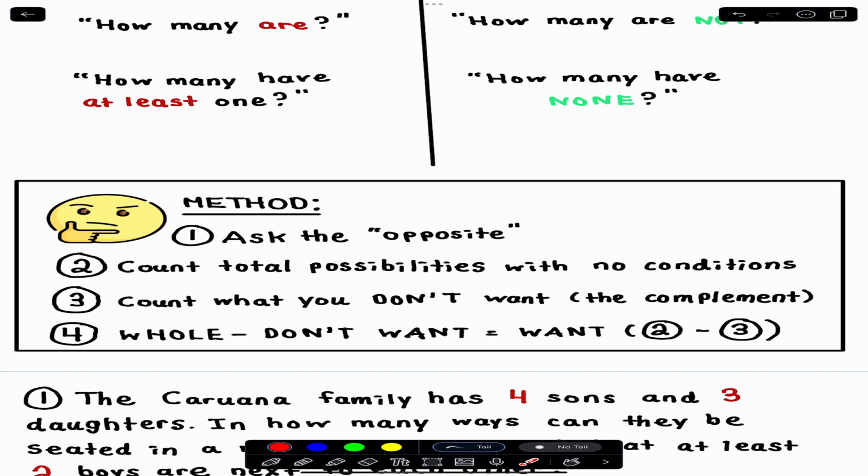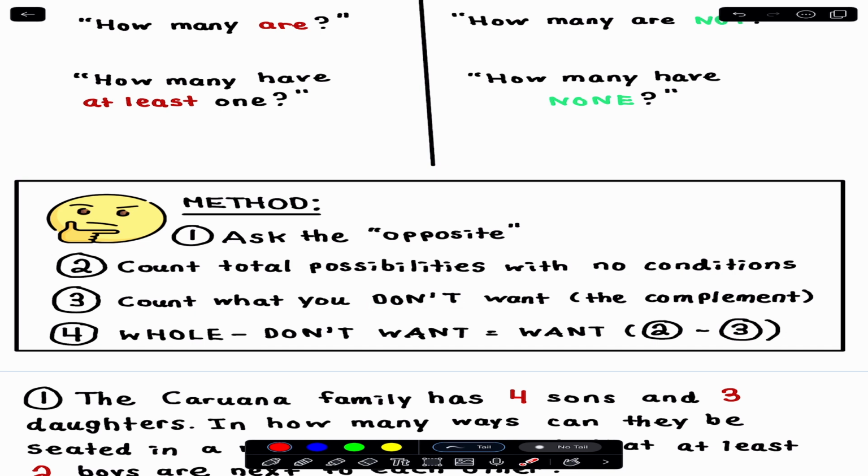Step 3 is where we count what we don't want, so that's the complement. And then step 4, going back to what I said earlier, we have to subtract what we don't want from the whole in order to get what we want. I can summarize that as step 2 minus step 3. A lot of times I would just leave the number I got for step 3 as my final answer, but remember, that's what we do not want.